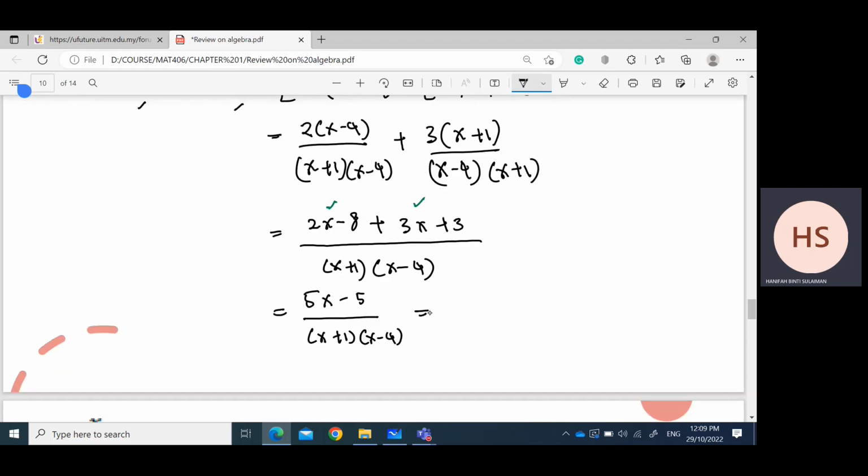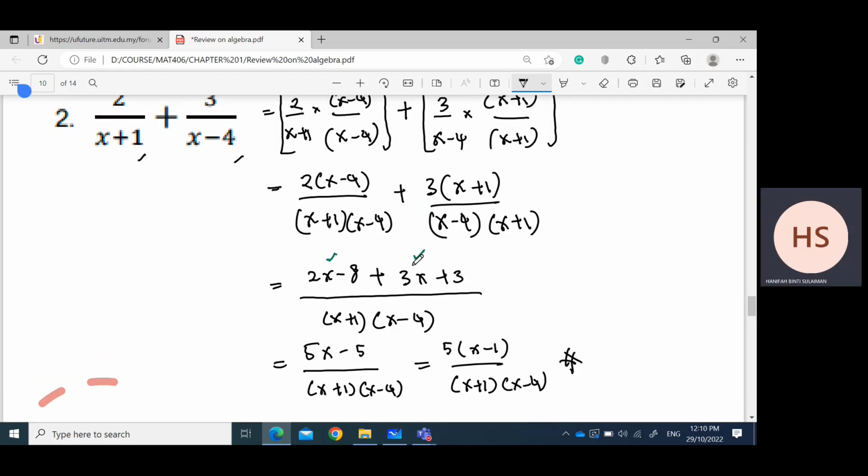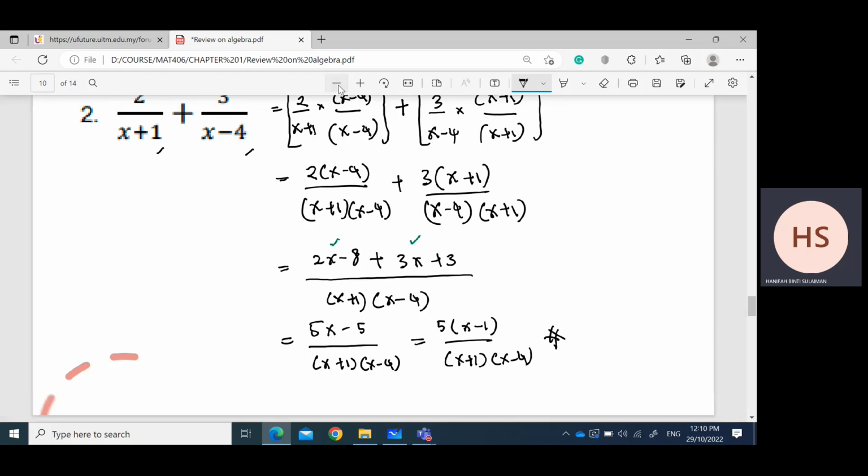So this one we can simplify. Then here we factorize for 5. Then here we have x minus 1 over x plus 1 times x minus 4. Okay, so ini jawapan dia. So after we simplify this kind of fraction, then we have this solution.